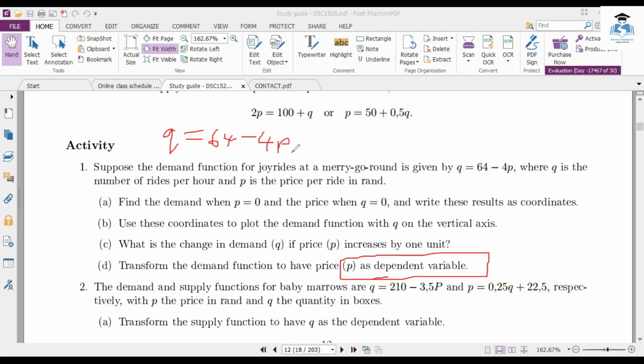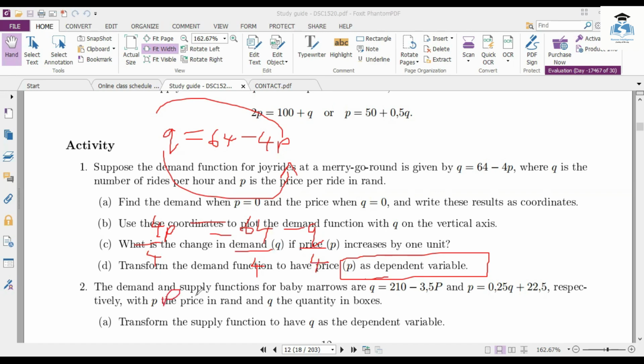What we need to do is we want P to come here and Q to go here. So if this one goes there, it becomes positive 4P. Then 64, and this one is positive, it comes here, becomes minus Q. So we divide by 4 on each term.